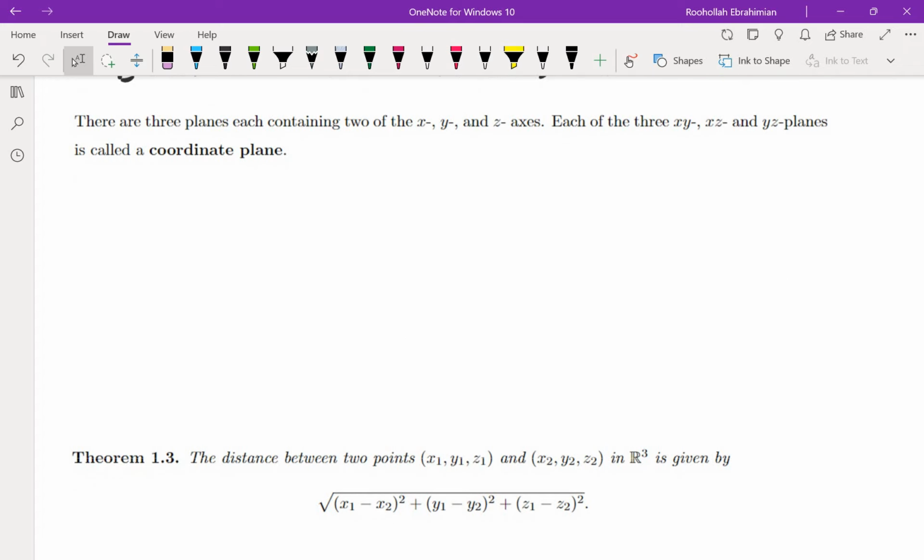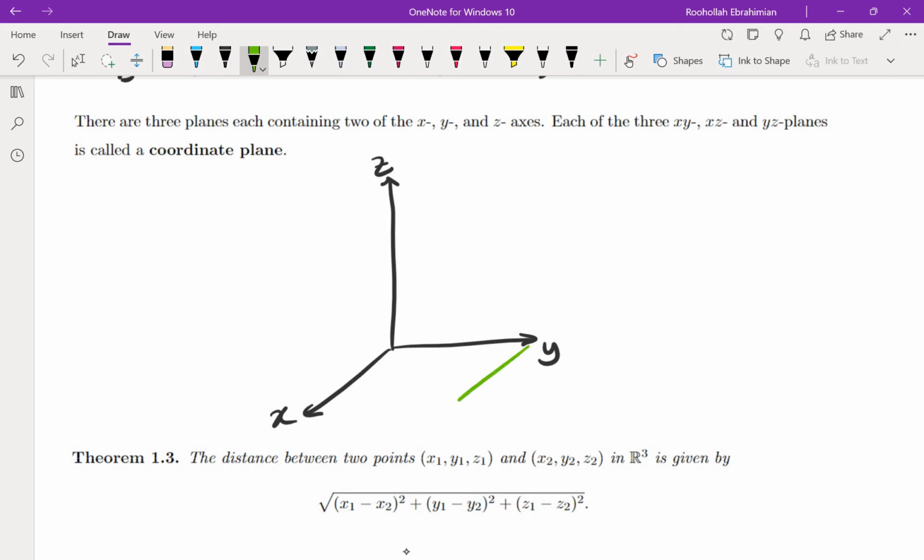There are 3 planes, each containing 2 of the x, y, and z axes. Each of the 3 xy, xz, and yz planes is called a coordinate plane. So if I draw a diagram for this, this is x, y, and z. You see there is a plane at the bottom. This plane is the xy plane.